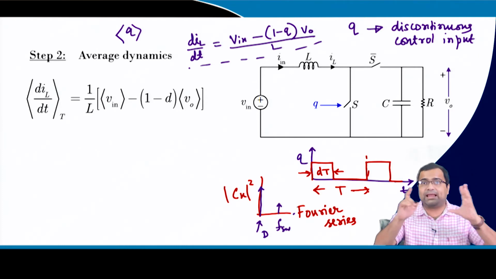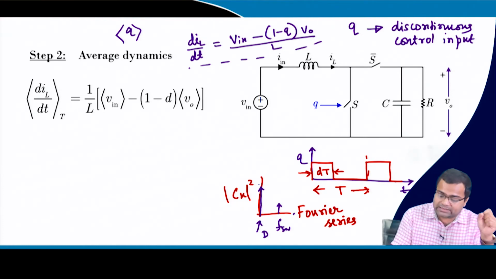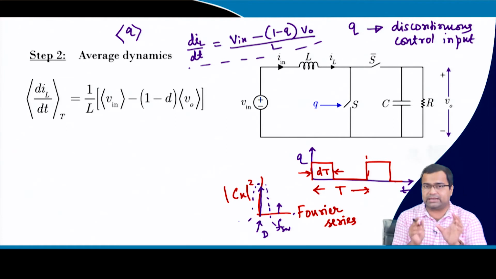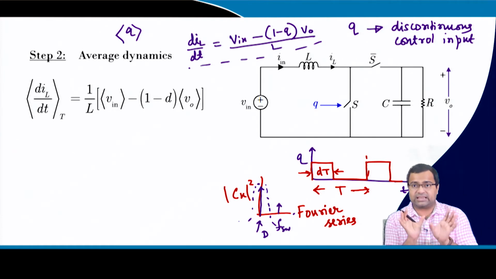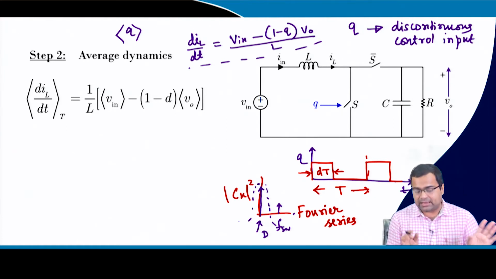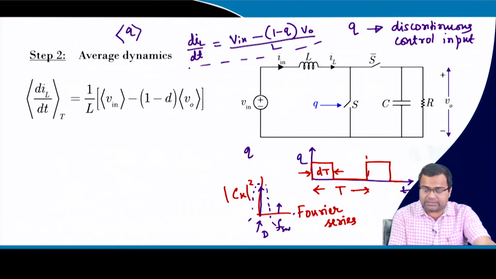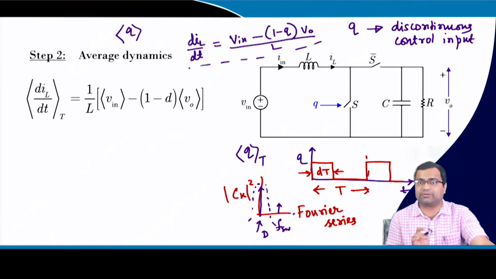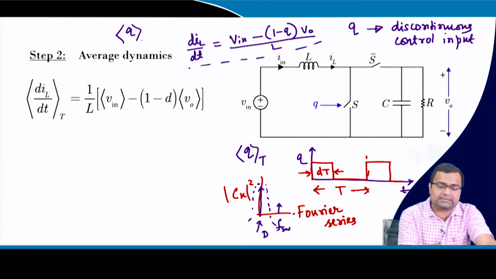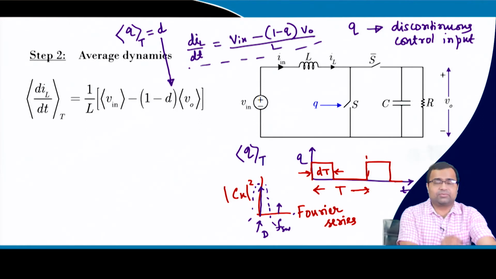But when we are applying averaging, we generally discard this switching frequency information. We want to retain the neighborhood of the DC average value. So, in conventional averaging we are only taking the zero frequency component, not the switching frequency component. In that case Q will simply become the duty ratio, and we are replacing it with this average quantity.